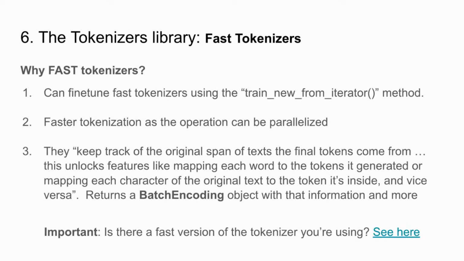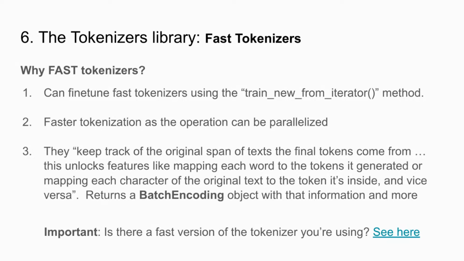The fast tokenizers are written in Rust and can take advantage of parallelization. We've seen in prior study groups how much faster they can process our text, tokenize it, and give us all of our various inputs. The slow tokenizers are written in Python. They are slow, and they also don't have as many features as fast tokenizers.